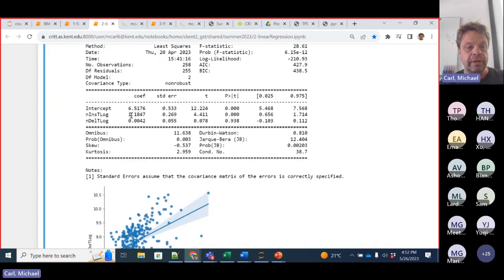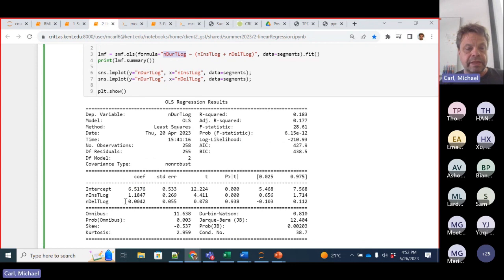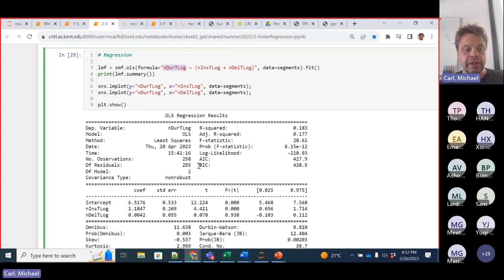We see a clear relation between the number of insertions and the duration. But with respect to the deletions, that doesn't seem to add very much. The p-value is very high, which means that the insertions explain the log duration very much, but the number of deletions does not add very much.